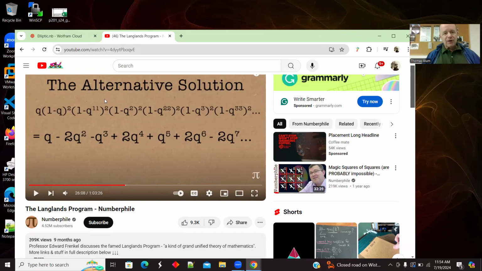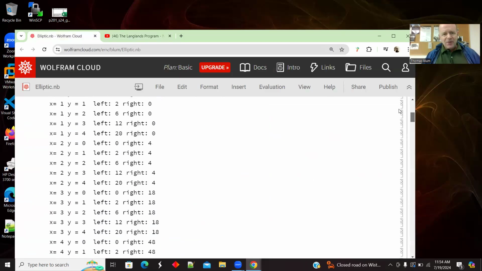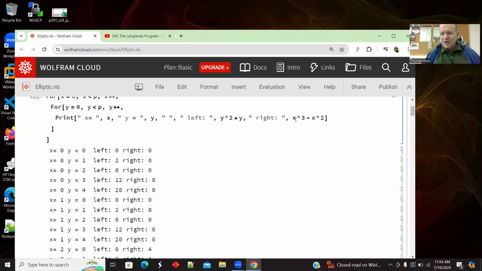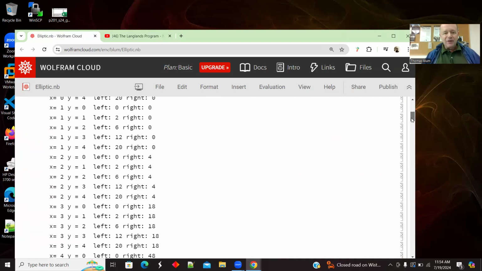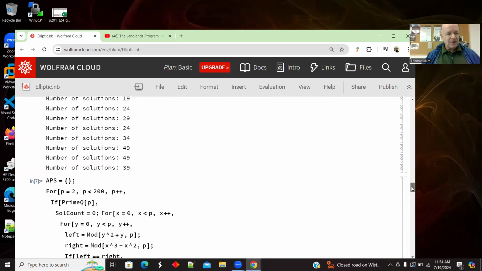But 1 minus q squared, 1 minus q cubed squared, and then there are these 11s, 1 minus q to the 11th squared, 1 minus q to the 22 squared, 1 minus q to the 33 squared. I can only imagine that somehow this 11 is characteristic of our initial equation. I have no knowledge of that. I'm just playing with Mathematica.